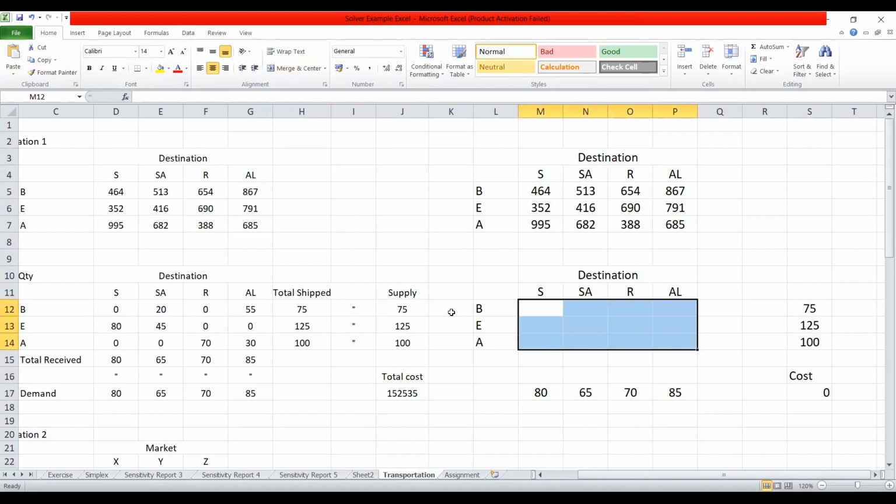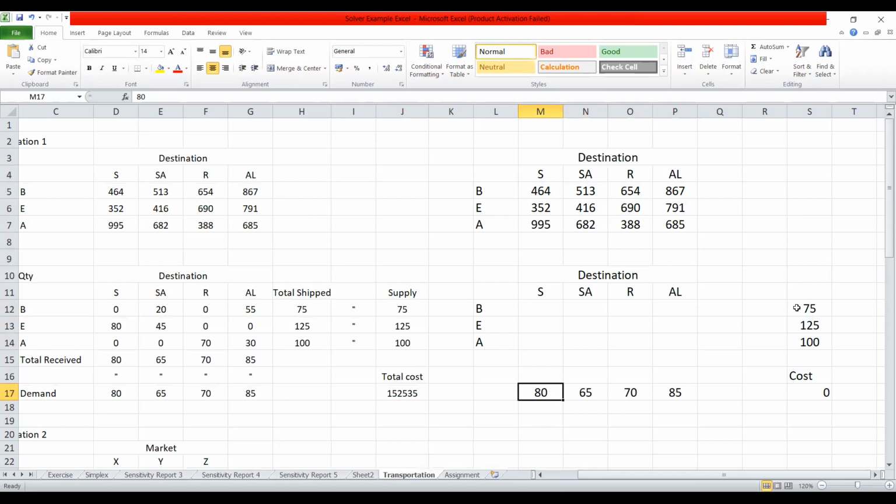That means how many routes or how many shipments you have to incorporate to fulfill this market demand, right? For example, the market demand for S is 80, and the factory supply for B is 75.